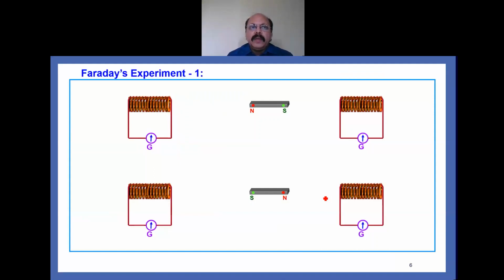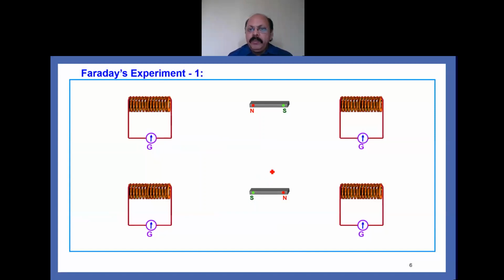Now, you can understand Faraday's experiment with some animation. When the north pole of the magnet moves towards the coil, and here it is moving away from the coil, you see the galvanometer's deflection on one side and then on the opposite side.